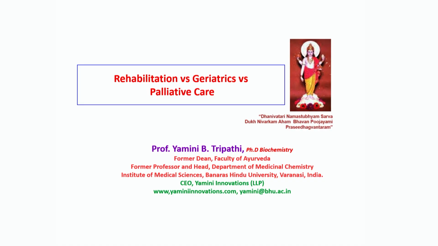And third comes palliative care. Palliative means symptom management. What is the goal of palliative care? Symptom management to make the patient comfortable with dignity, with emotional improvement and physical improvement. That is the goal of palliative care.